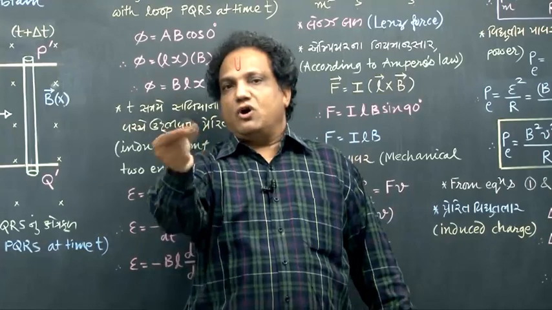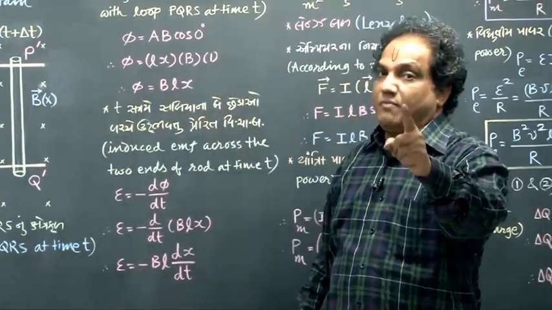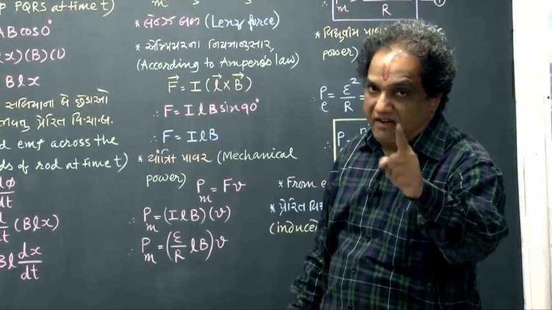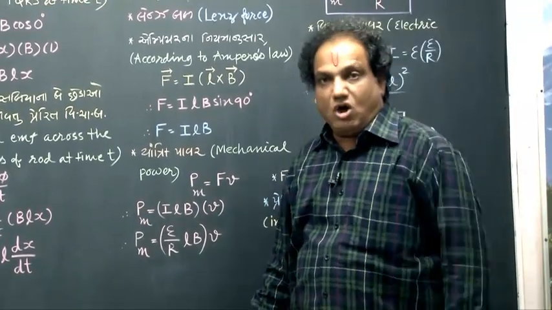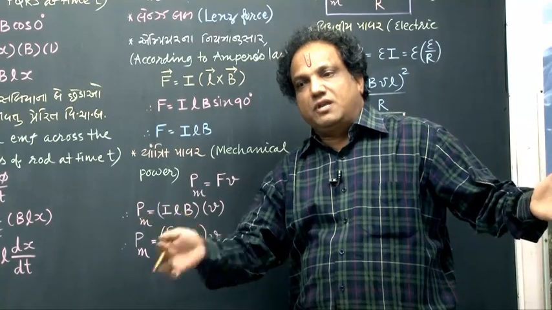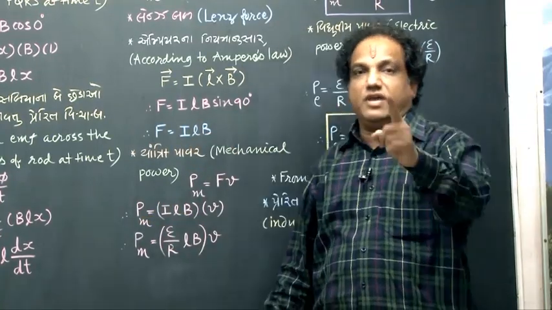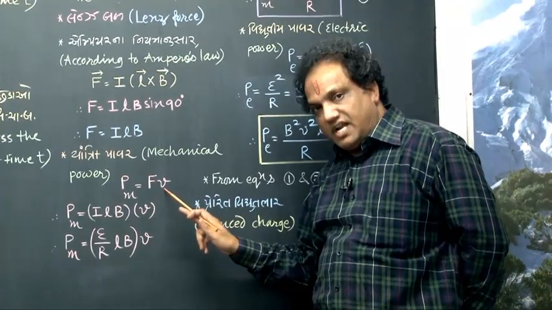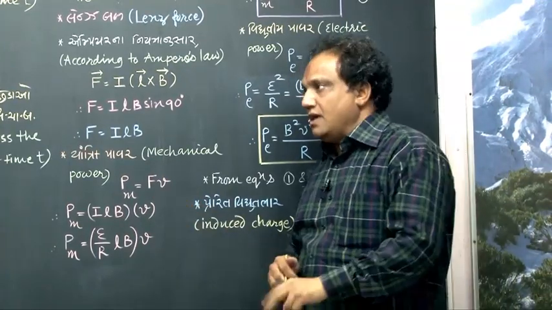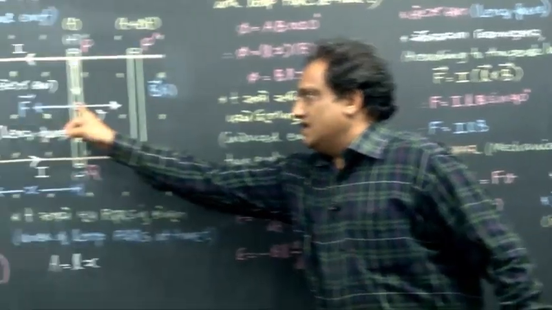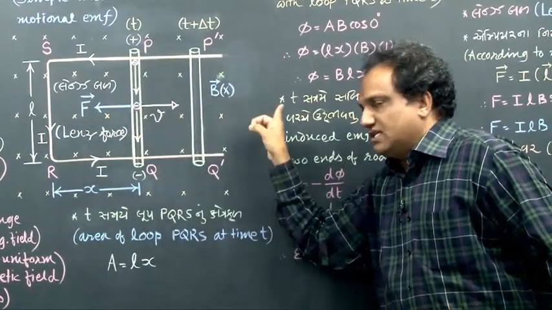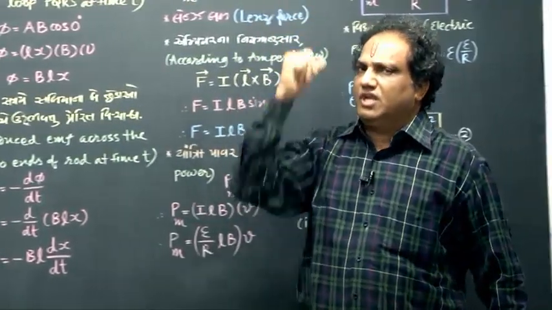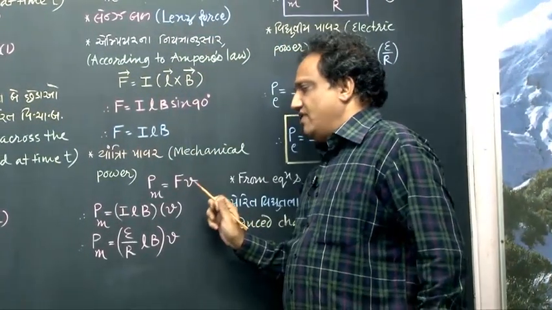You have studied the formula for mechanical power: P equals vector F dot vector V, the expansion is Fv cos theta. Theta is right now 0 degrees because the external force and velocity are both towards the right hand side. Cos 0 degrees is 1, that's why I have written here F into V.